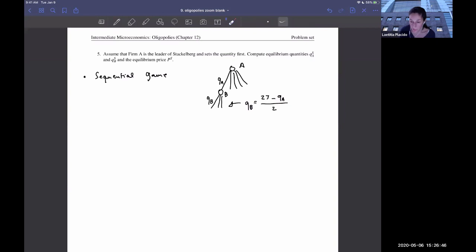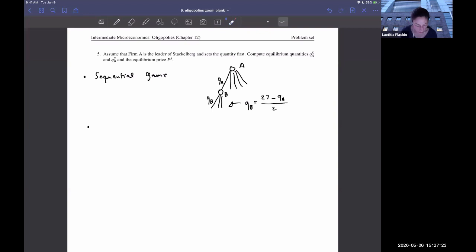So now let's move to the first stage. What is the optimal behavior for firm A? Firm A is going to set a quantity QA in the first stage, knowing that firm B is going to react along the best response. So what is changing here is that firm A is going to take into account this information about the behavior of firm B when it calculates its marginal revenue.